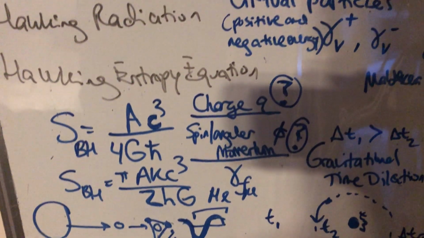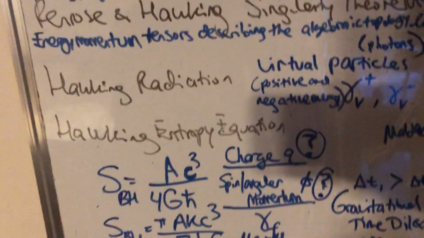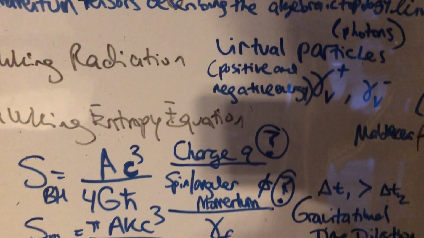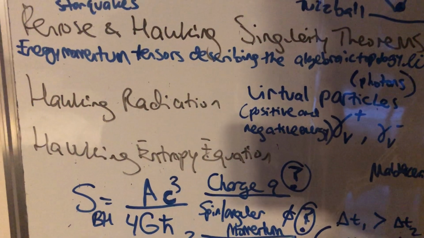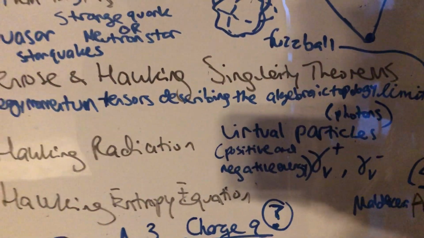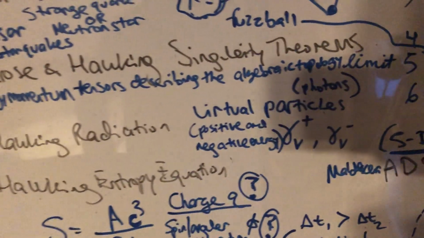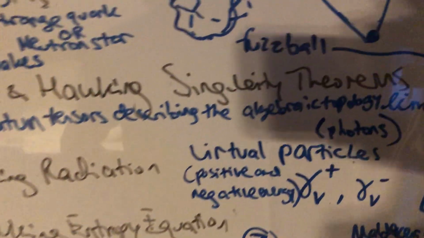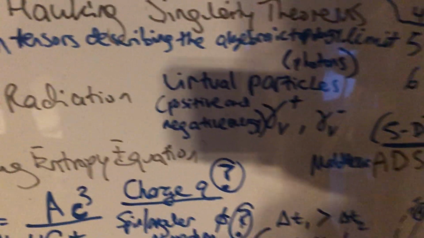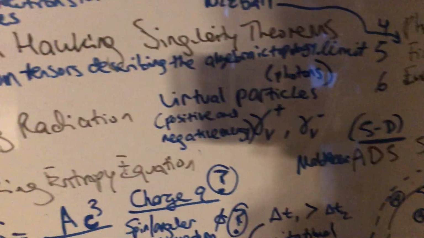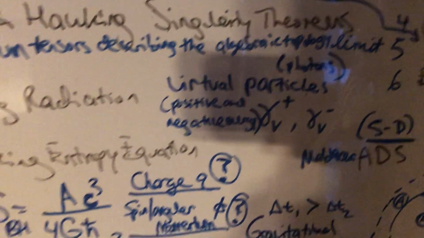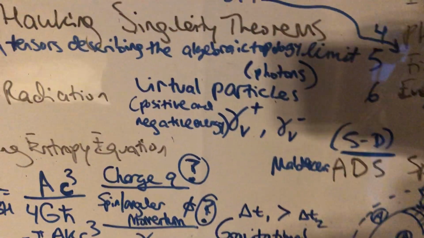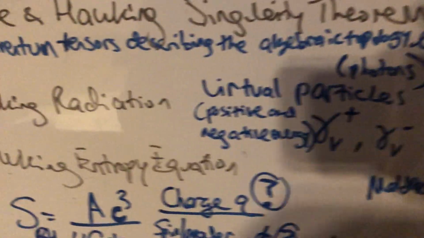Alright, so let's go back a little bit to Hawking radiation, singularity theorems, and the entropy equation by Hawking. So, Penrose and Hawking in the 60s essentially worked on this problem, which was taking the algebraic topology of the energy momentum tensors of Einstein's field equations to their limits, essentially saying certain stars of certain masses have to collapse into black holes. And in fact, that's saying something very deep and fundamental about the geometry of our universe.